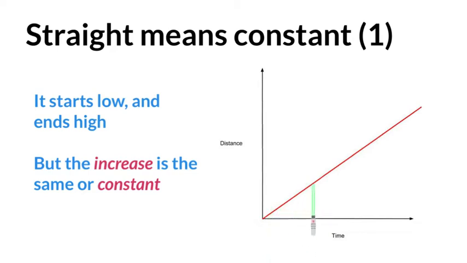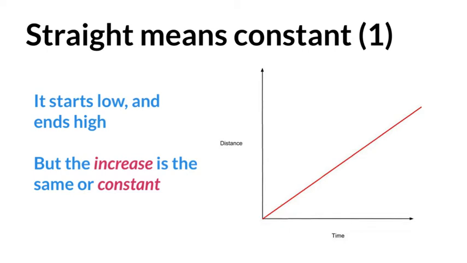But all we can say is it's happening at the same speed, rate, pace, whatever you want to say. So we call it a constant rise. And this is always true for a straight line. Whenever you see a straight line, the word constant should be used in your explanation of what it's actually doing.